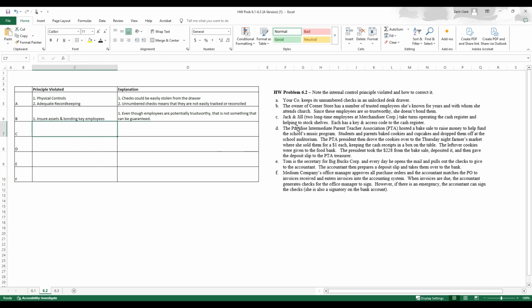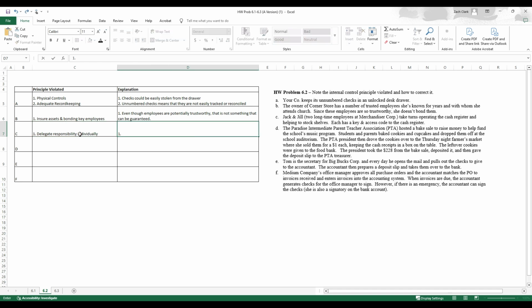Anyway, C says Jack and Jill, 2 long-time employees, take turns operating the cash register and helping stock shelves. Each has a key and access code to the register. Let's say in this one, we need to establish responsibility, and we should really say delegate responsibility individually.